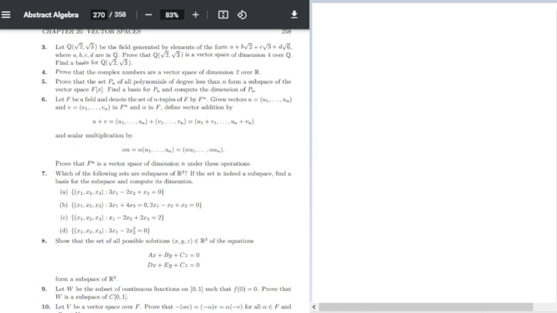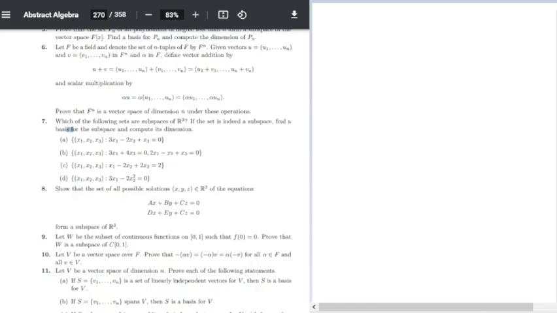So let me solve, I'll just solve 7a because I'm very lazy. So we have the space spanned by 3x1 minus 2x2 plus x3 equals 0.